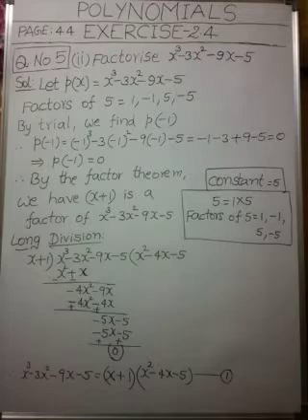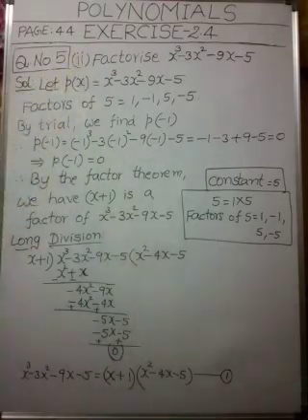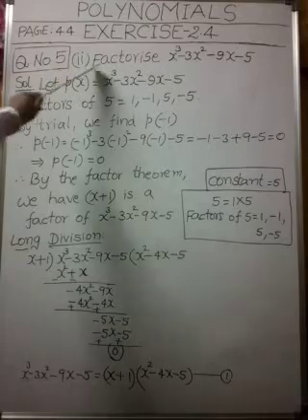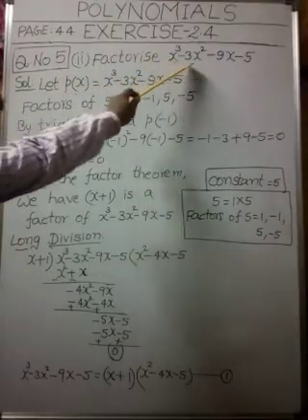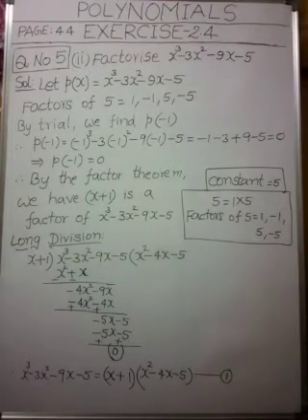Now come to the second part of the Roman number 5. This Roman number 5, second question or second part. Factorize x cube minus 3x square minus 9x minus 5. We have to factorize this polynomial.